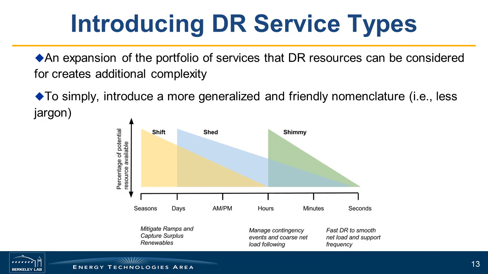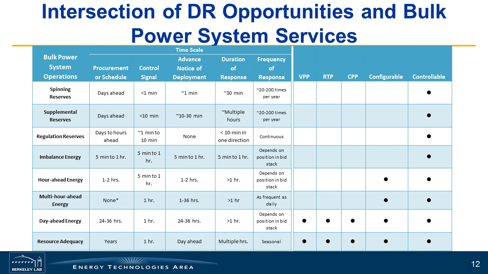And so given this last slide, there's a whole lot to analyze here. What we did in the 2025 California Demand Response Potential Study, which hopefully many of you are familiar with, was look at all of these different bulk power system operations and services and say, wow, that's a lot.